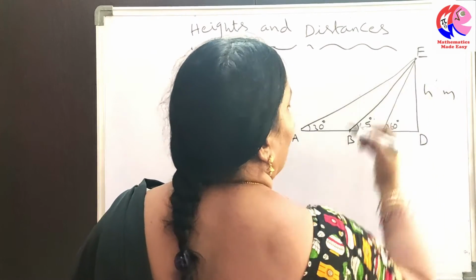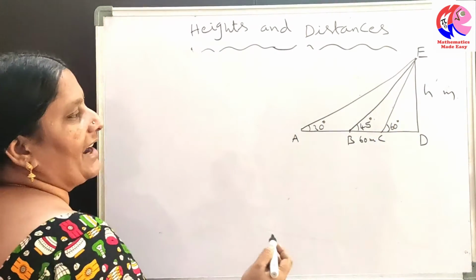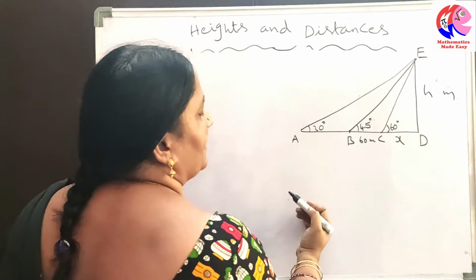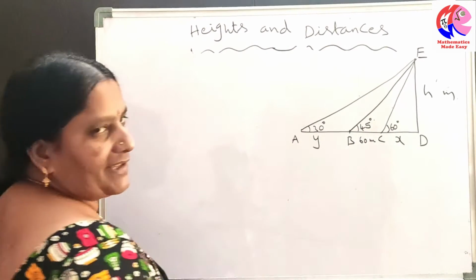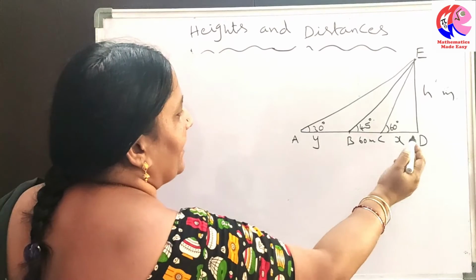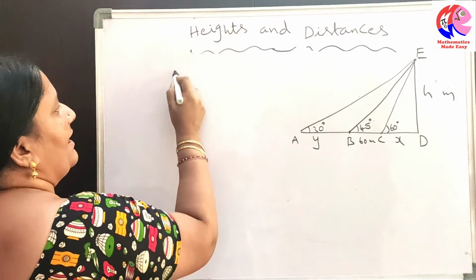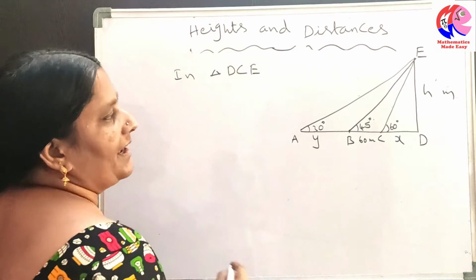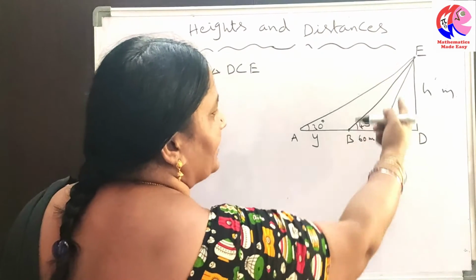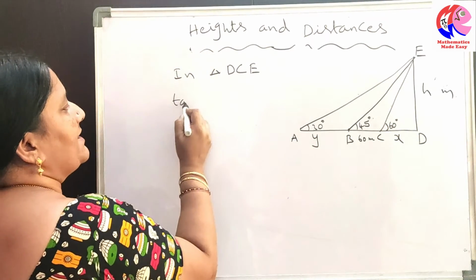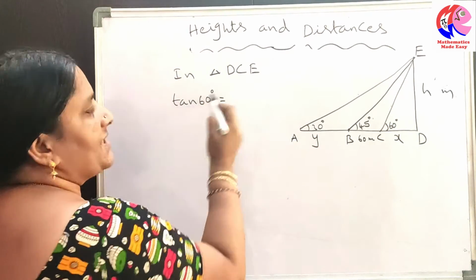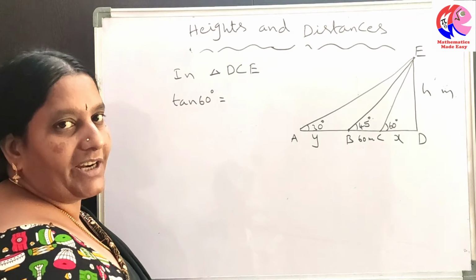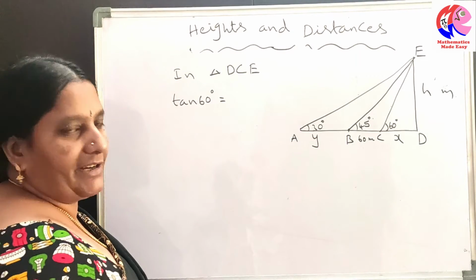Take the foot of the tower as D, and this is E. First consider the triangle DCE and assume CD is X, and let us take this value is Y. Then in triangle DCE, we have to apply tan C, nothing but tan 60 degrees. We know that tan theta is opposite side to theta by adjacent side to theta.